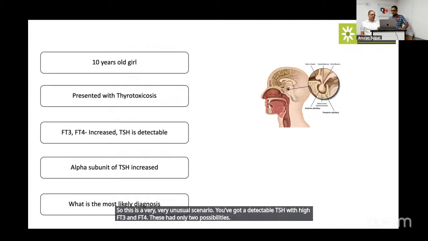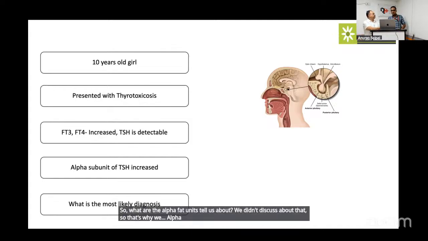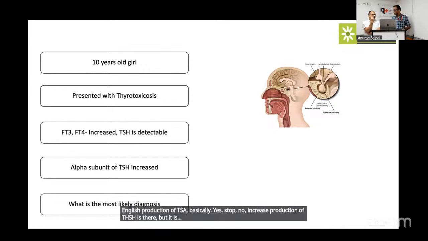One is a TSH adenoma and second is thyroid hormone resistance. So what does the alpha subunit tell us about? Alpha subunit of TSH is basically a marker of increased production of TSH. Yes. So increased production of TSH is there, but it is increased abnormal production of TSH, which means you're producing more alpha than beta.